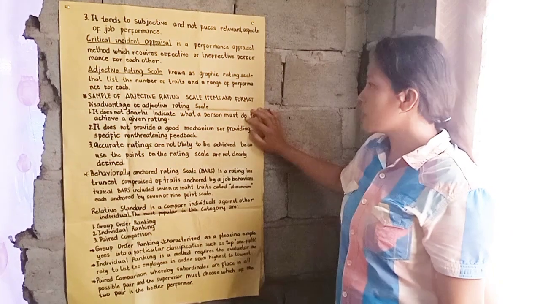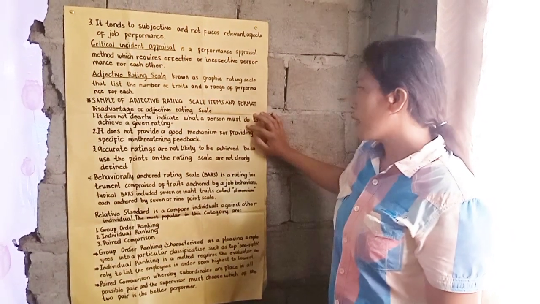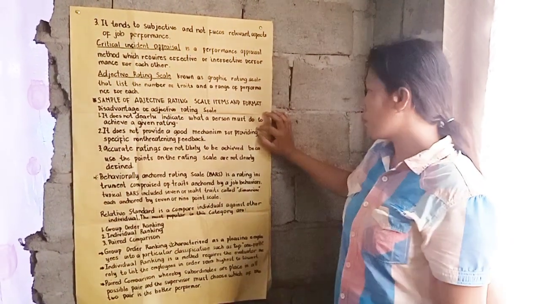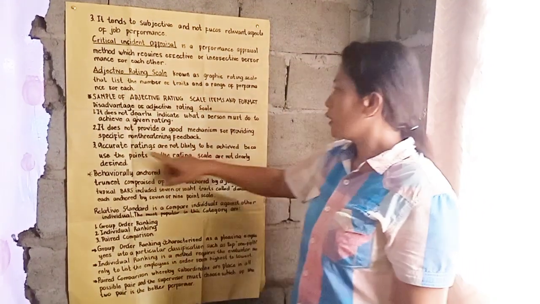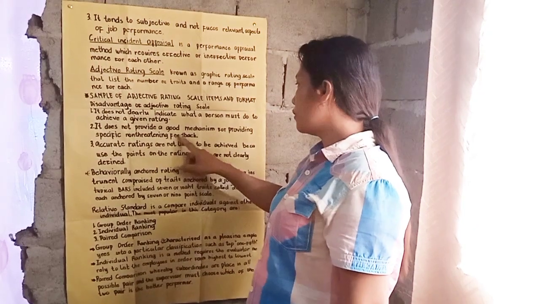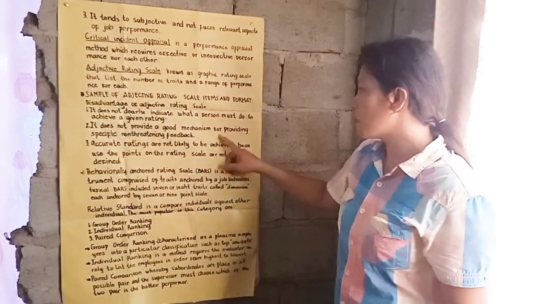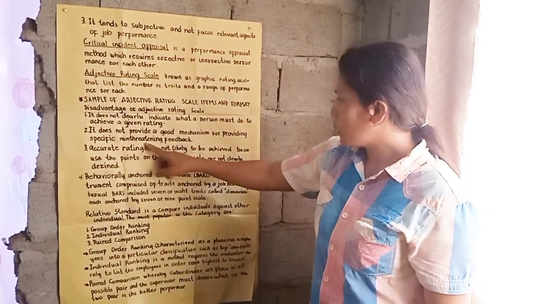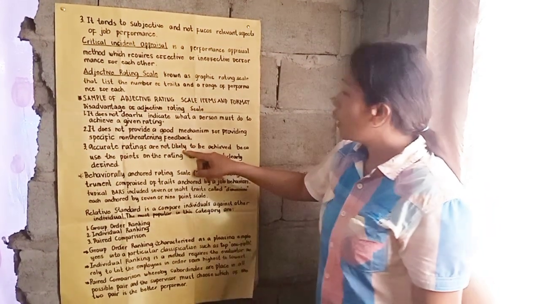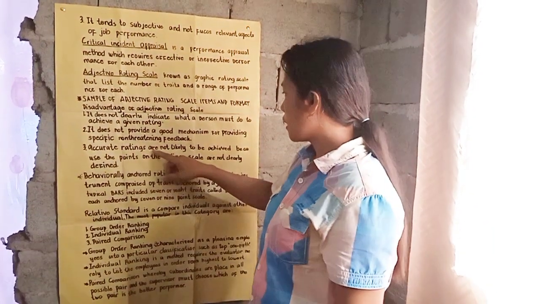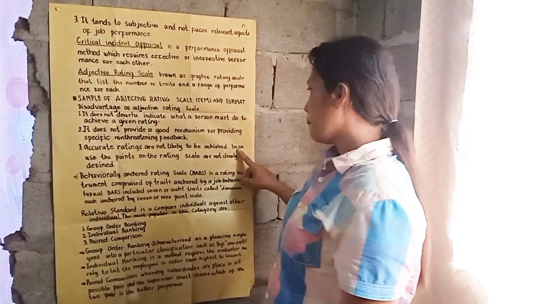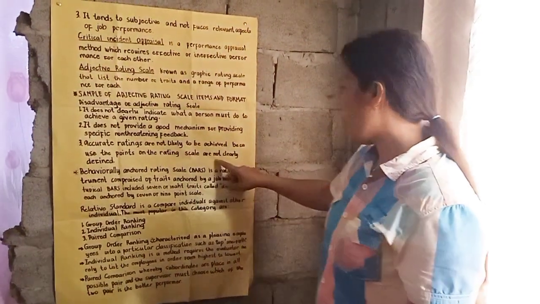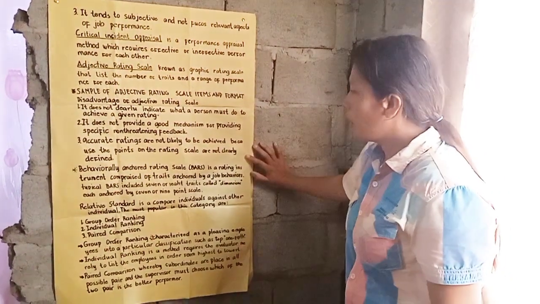Disadvantages of adjective rating scale. It does not clearly indicate what a person must do to achieve a given rating. It does not provide a good mechanism for providing specific, non-threatening feedback. Accurate ratings are not likely to be achieved because the points on the rating scale are not clearly defined.